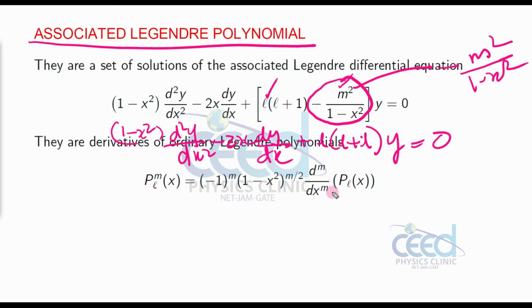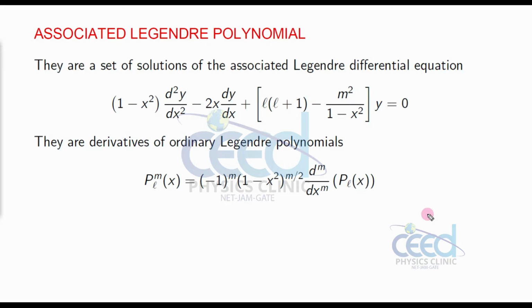Now in any equation, if you want to find the solution, suppose you are asked to find P21. So what you have to do is replace L with 2 and m with 1.